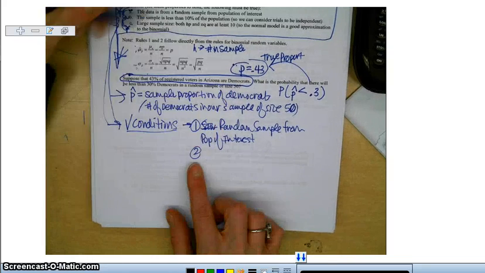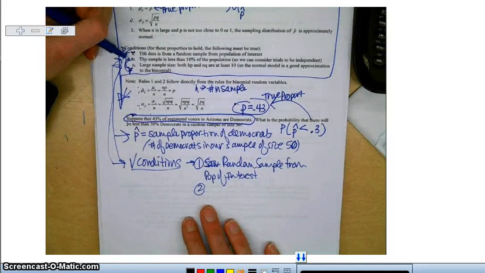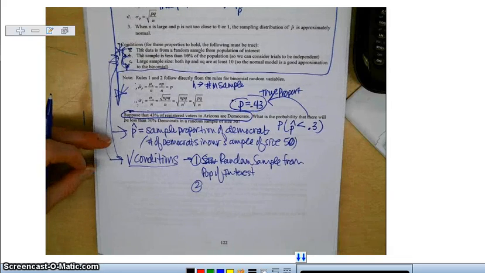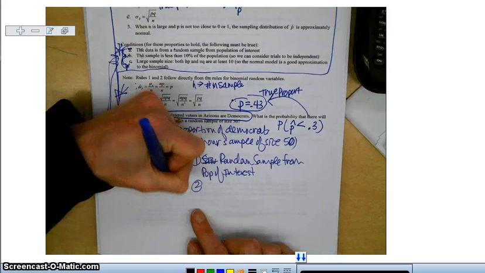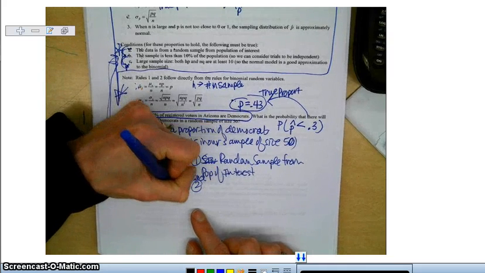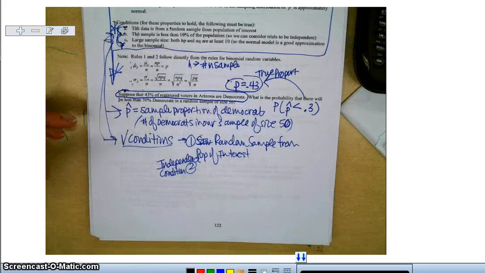Second, from up above, the sample is less than 10% of the population. This is the independence condition. Is it independent?